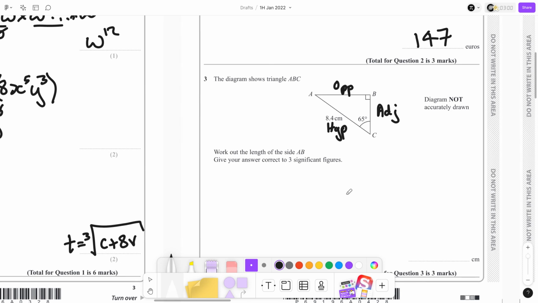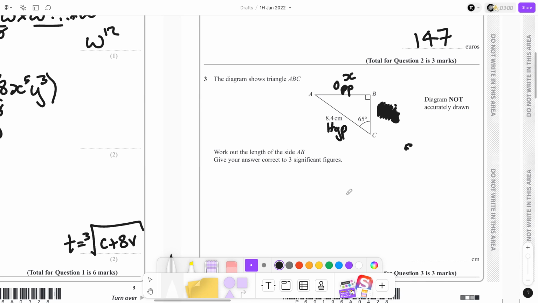And we want the opposite length, we want AB, so I'm going to put a little X by AB because we want that one. We're not interested in this, so I'm just going to scrub that out for now. We don't care about BC, we're not trying to find it and we don't know it.